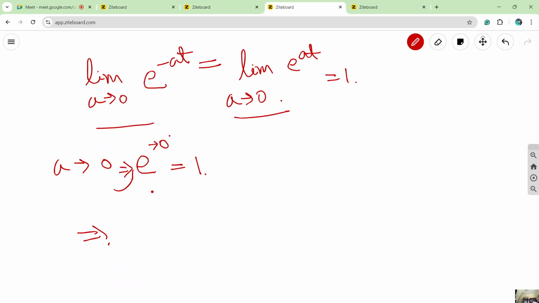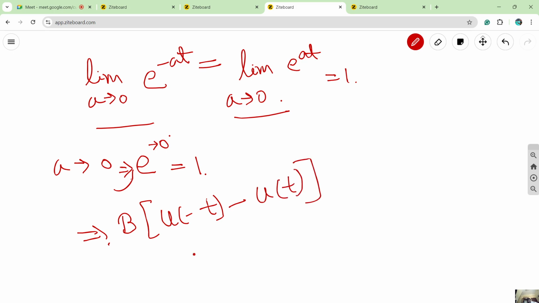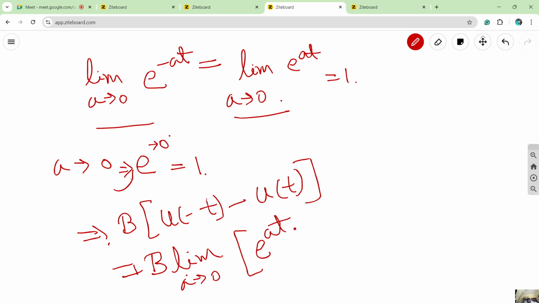We can directly write that b of u of minus t minus u of t is equal to b of the limit a tends to 0 of e to the power at into u of minus t minus e to the power minus at u of t.